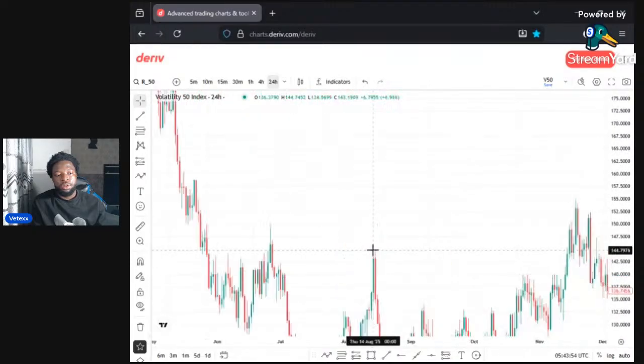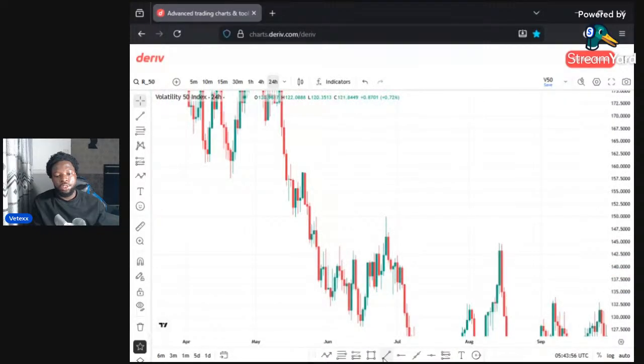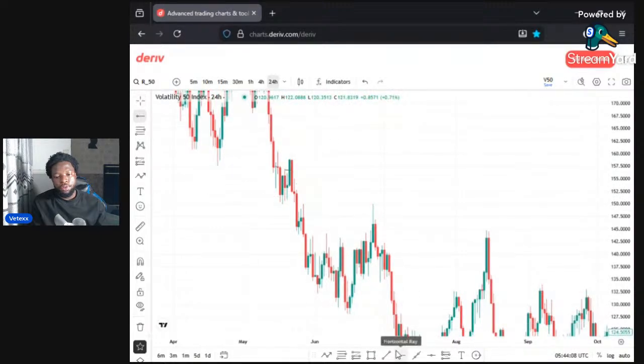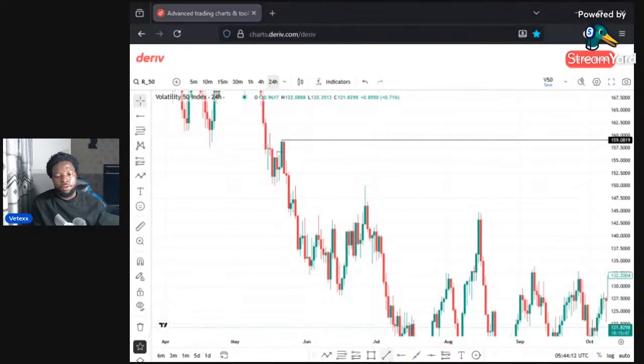Clearly you can see our sweep of liquidity, which is right here, and then we have our protected high here on the 24-hour time frame.